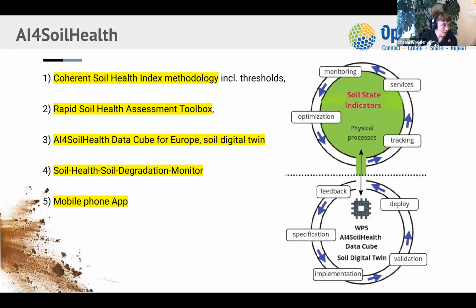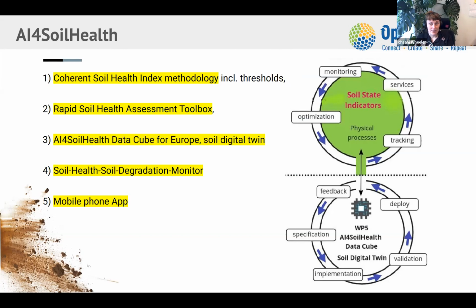Quickly on AI for soil health, because I'm conscious of time. Essentially, the main items we're trying to do: a coherent soil health index methodology, including thresholds, which is very ambitious, but anyway, I'm hoping the thresholds will be allowed to vary depending on where they are, but we'll see.